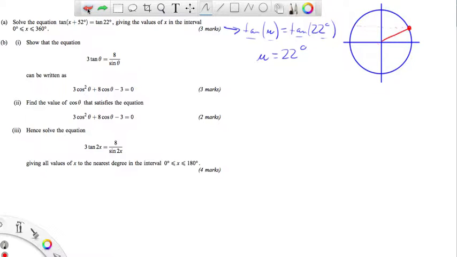Well, for tangent, let's say that we have this angle here. Tangent is really sine over the cosine. So really what we want to do is say, where are we dividing y over x? And whenever you divide two numbers and you want them to be the same value, you can't have them be opposites.